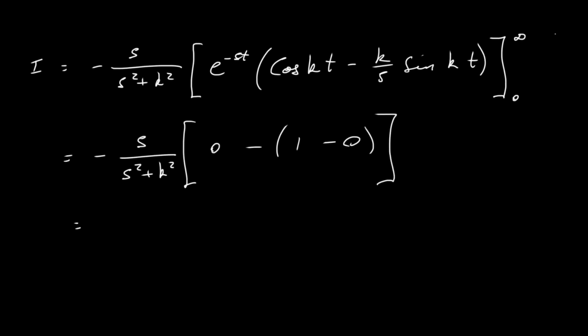So let's see, what we end up with is, well, the zeros we don't have to worry about. We have a minus 1 here, so minus minus is plus. So we just end up with s over s squared plus k squared. And this is our Laplace transform for cos kt.